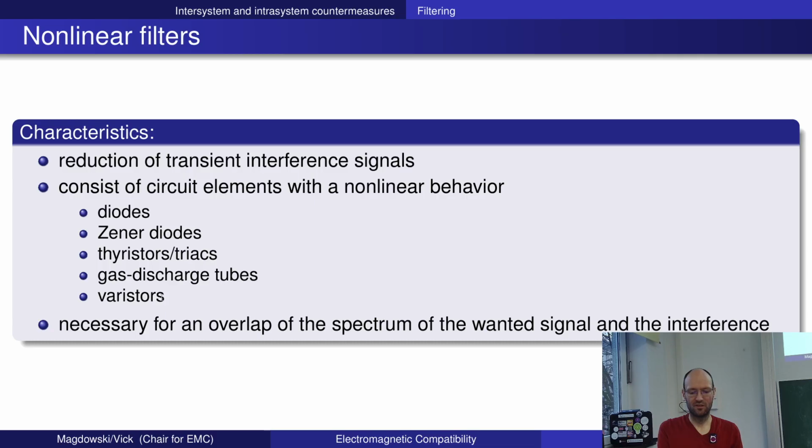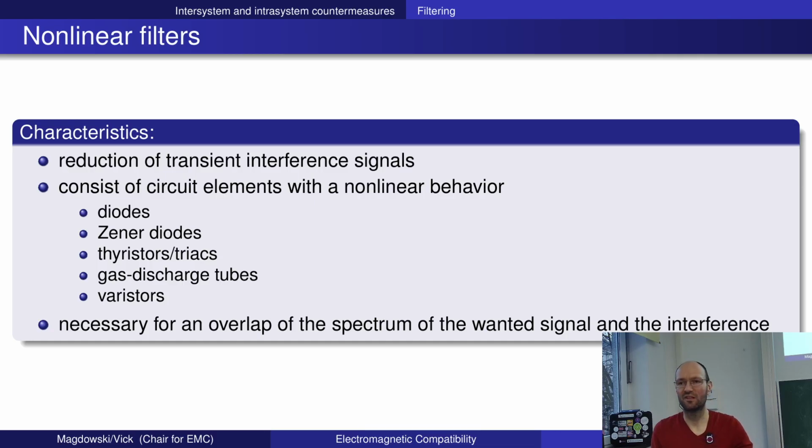The idea of nonlinear filters is that they work against overvoltages or surge signals that are high in amplitude and therefore have short duration and high amplitude. And if something is short in time, how does the spectrum of such signals look like? If you remember what we talked about, time domain and frequency domain.